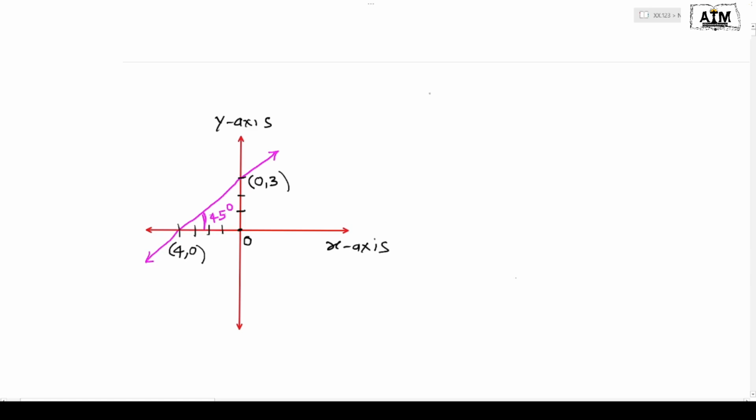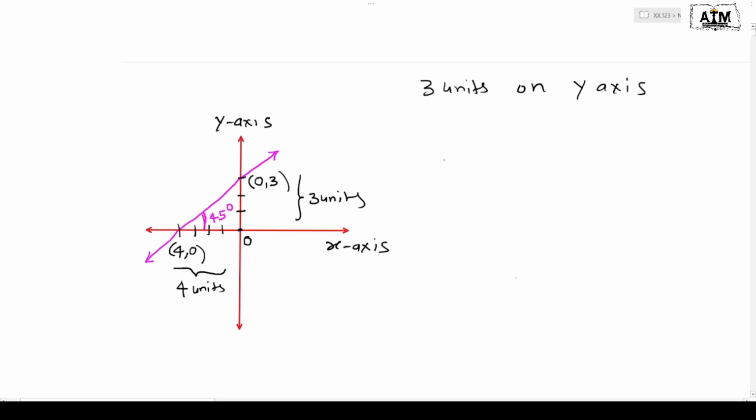So how much distance is it cutting on the y-axis? 3 units. This distance equals 3 units. And this distance is equal to 4 units.